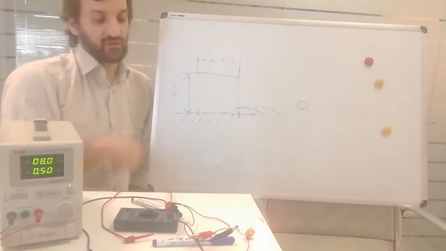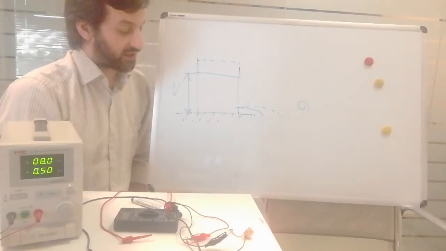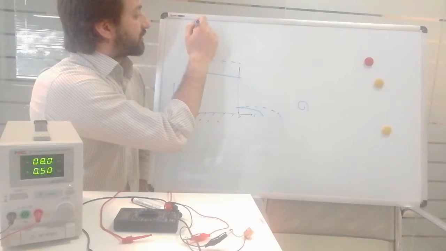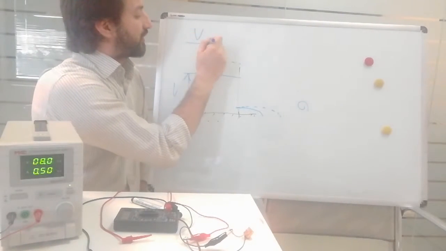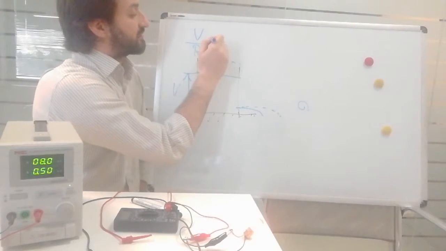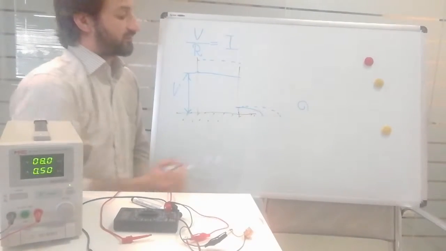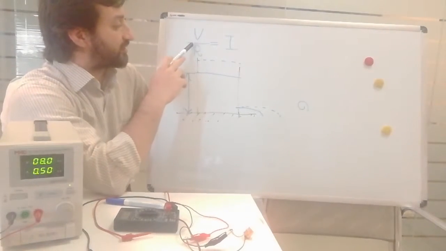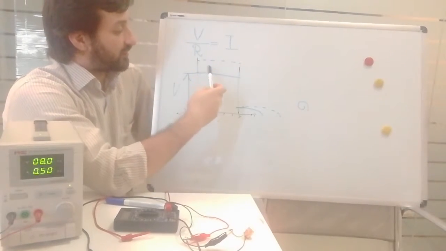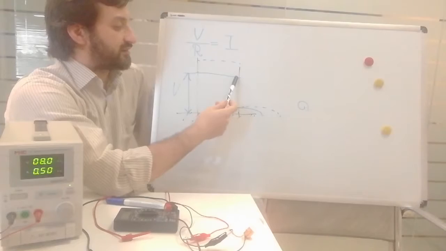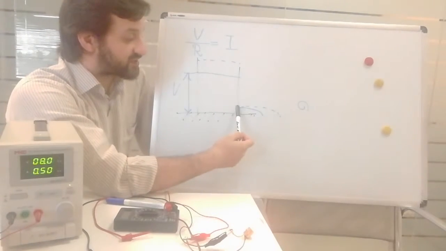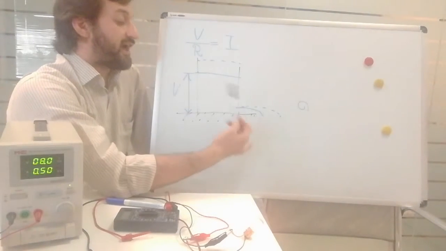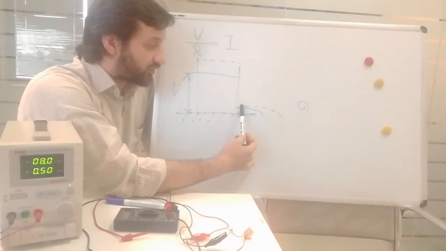Let's anticipate an equation for the next lesson. We're going to see that the voltage divided by the resistance is equal to current. This equation represents the relationship between how high the level of the water is, what the size of the hole at the bottom of the bucket is, and hence the rate of flow.